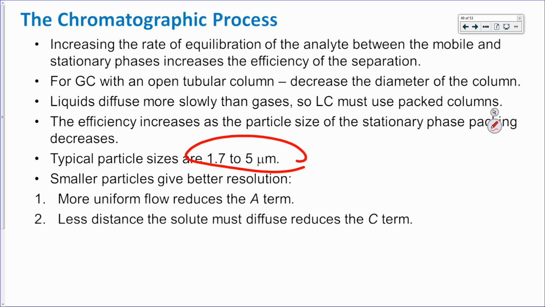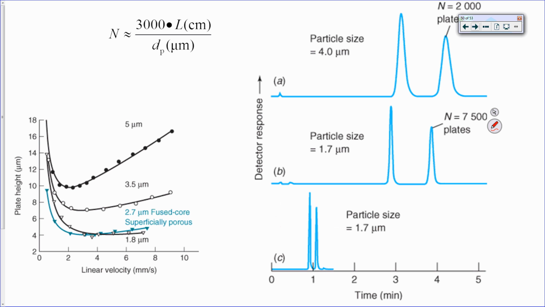We want to make it as uniform as possible, and we want to try to minimize the distance for things to diffuse, so we try to make everything as compact as possible. That's the latest trend. So this just gives you an idea how much the Van Deemter curve changes for different size particles. This is a 5 micron particle. You get these plates.